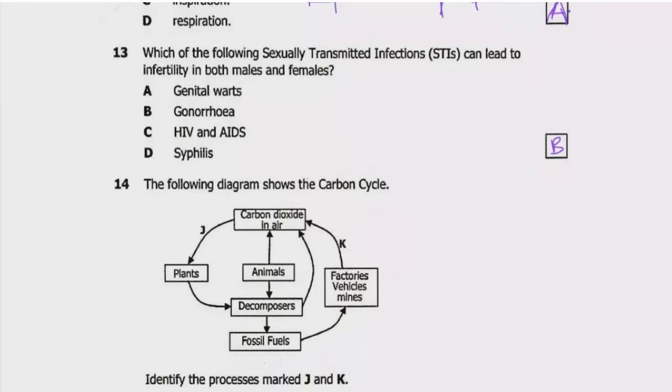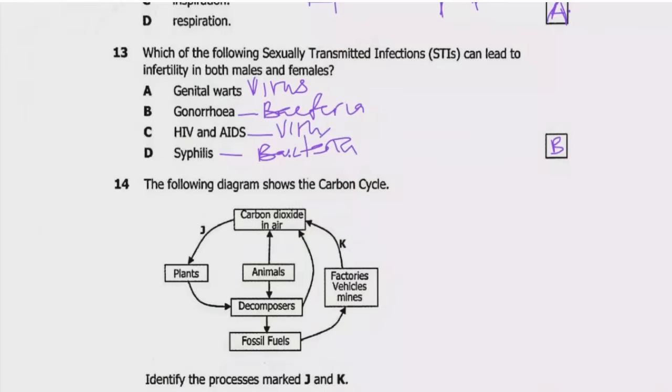Most times they ask which ones are viral diseases and which are bacterial diseases. Genital warts are caused by a virus. Gonorrhea is bacterial. AIDS is a virus. Syphilis is a bacterial disease. That's what I can also share with you as we revise.